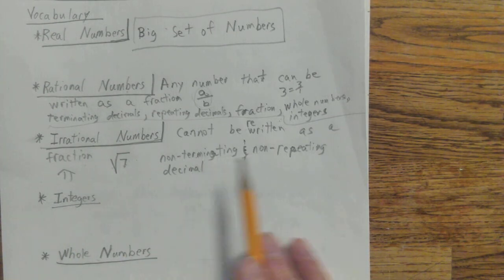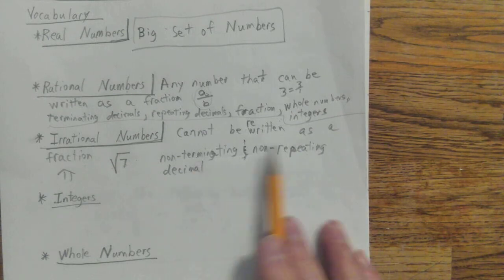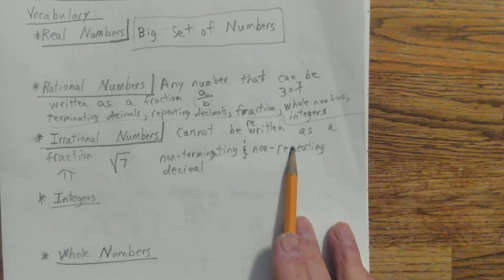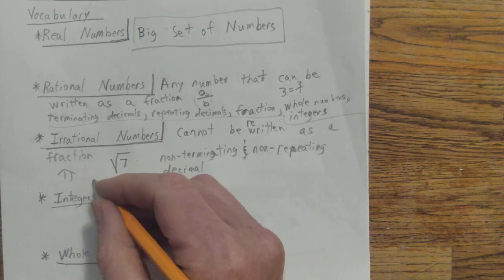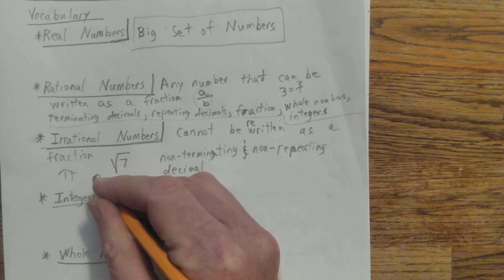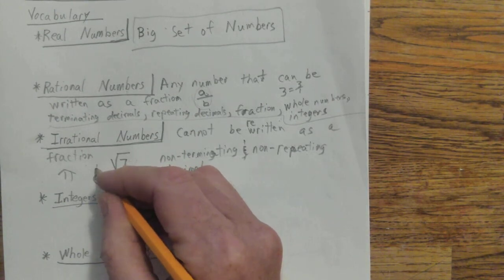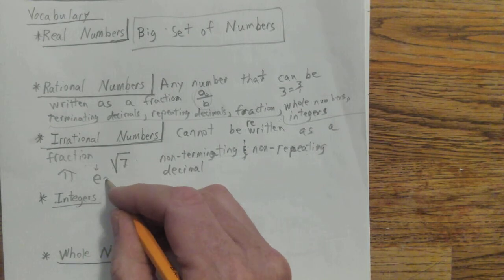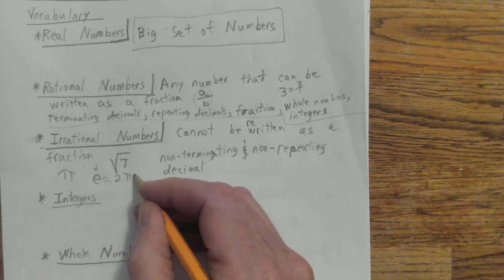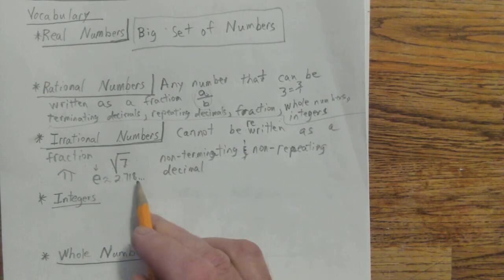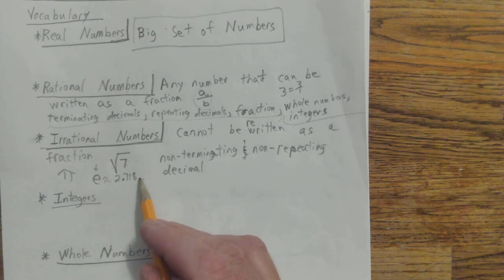It's not going to end, but there's also not a repeating pattern in it. Okay, another one, if we get into compound interest, there's a number called e, and it's approximately 2.718, but when you make your 3 dots like that at the end, you're not saying it's repeating.